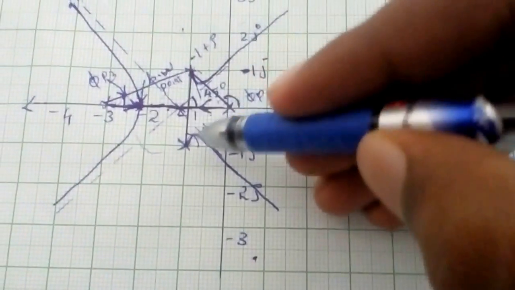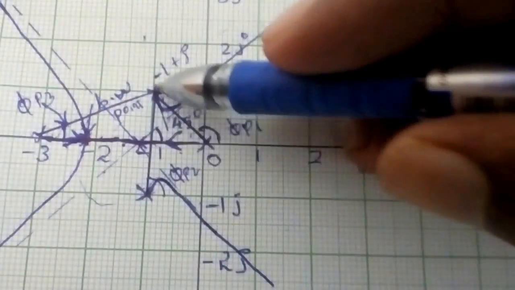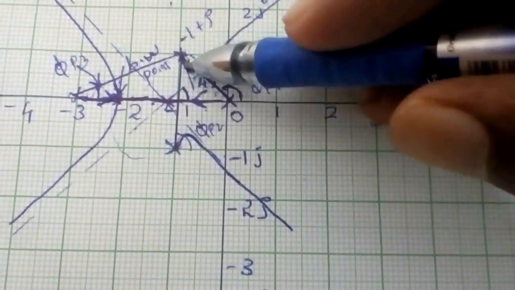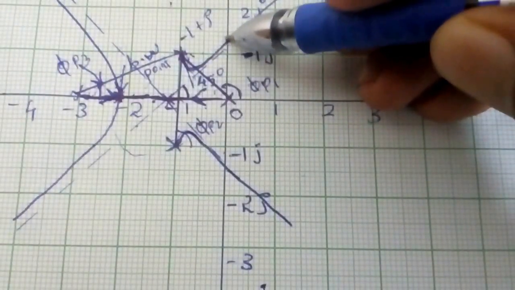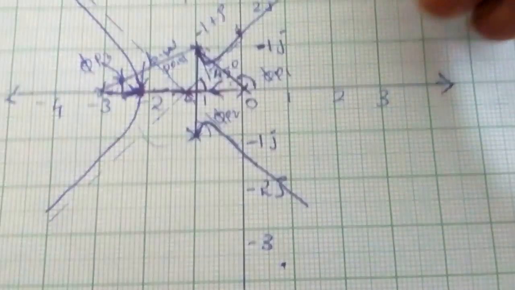And this is how the final piece of the jigsaw is done. These are the last two branches of the root locus, from the angle of departure. From minus 1 plus j, I took minus 70 degrees, and from that I just turned to here, because this is the imaginary axis crossing point.